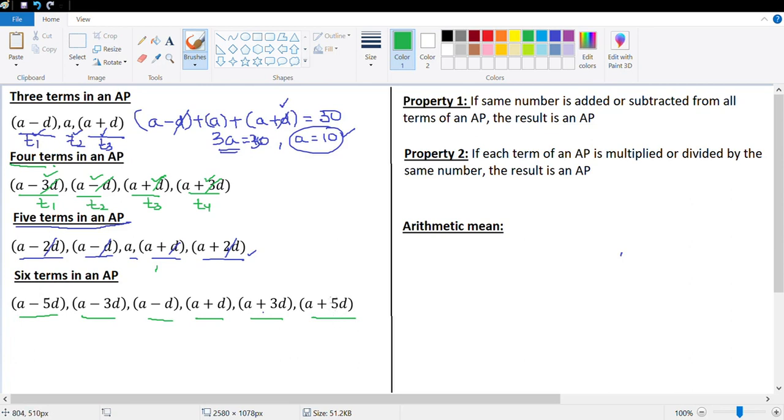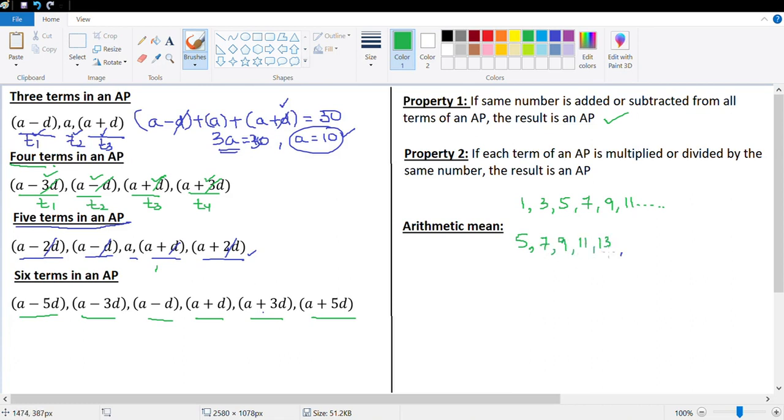That's the basic concept. Next, if the same number is added or subtracted from all terms of an AP, then the result is still an AP. This is basically what we've done earlier as well. Let's say I have an AP which is 1, 3, 5, 7, 9, 11. My first term is 1 and the common difference is 2. If I add 4 to all these terms, then this will become 5, 7, 9, 11, 13, 15.